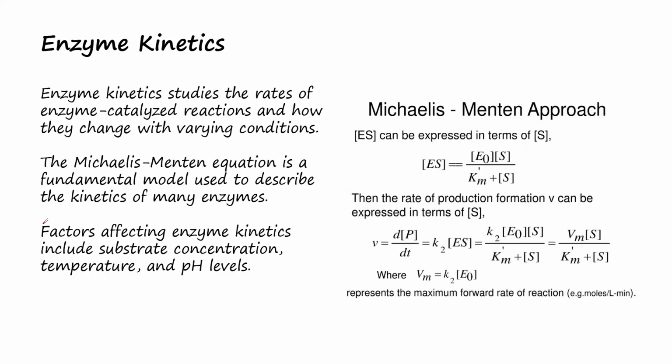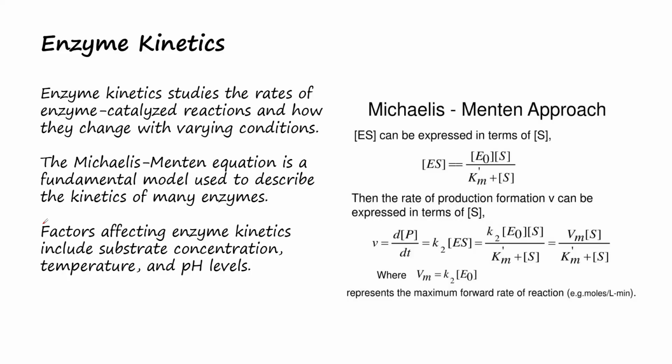So enzyme kinetics. Enzyme kinetics is always trying to study the rates of enzyme-catalyzed reactions and how they change with varying conditions. So enzyme kinetics is a study that tries to show how fast an enzyme will catalyze a particular substrate to product.